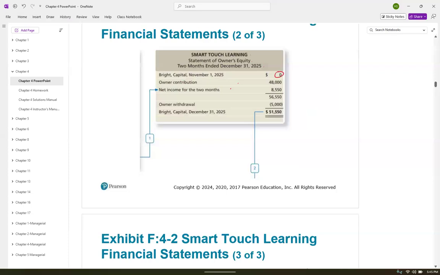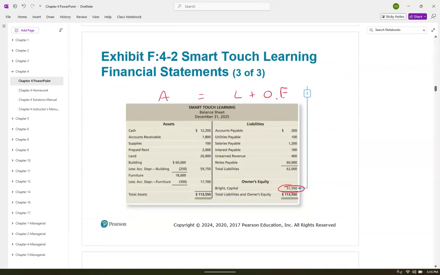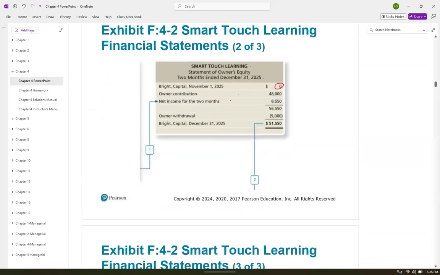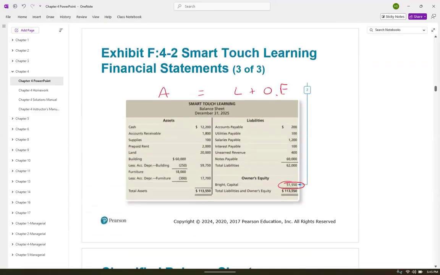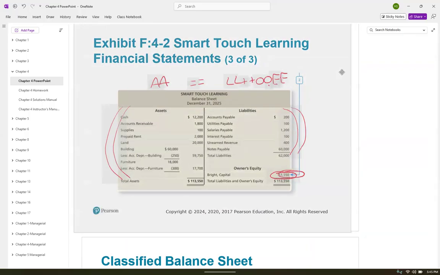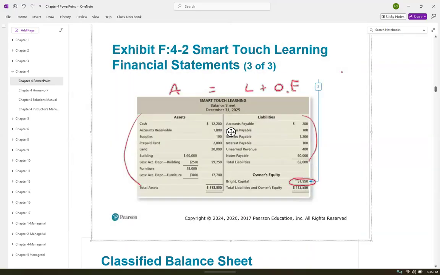If you don't balance on your balance sheet, that's the first place to go look. That's probably where you made the error. It happens a lot. Even the best students miss that at least once. Okay, so we're pulling that 51,550. It's coming down here to the capital account. We have all of our assets right here, all of our liabilities, and just one owner's equity account on this statement. Notice it is dated December 31, 2025.